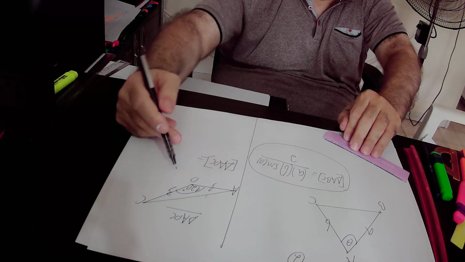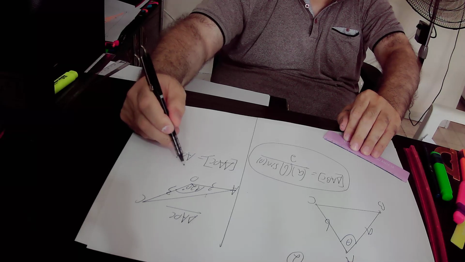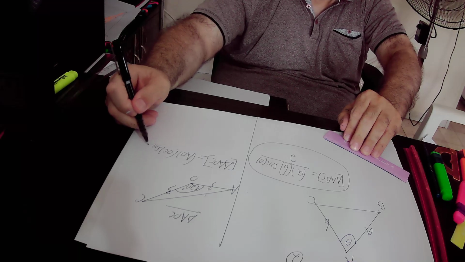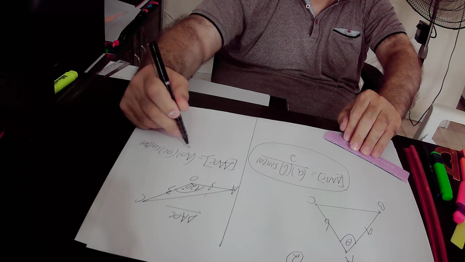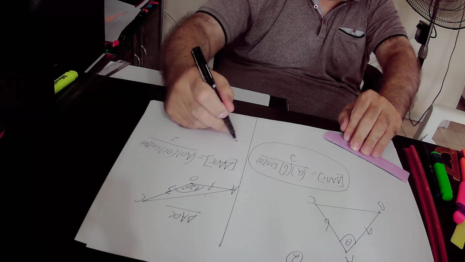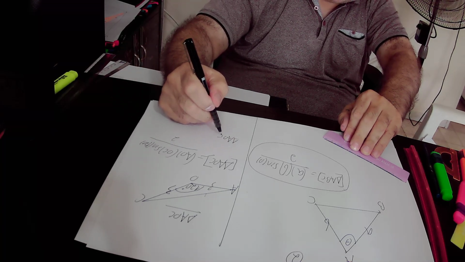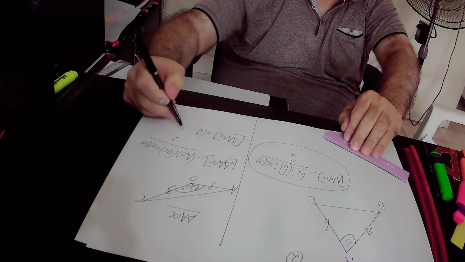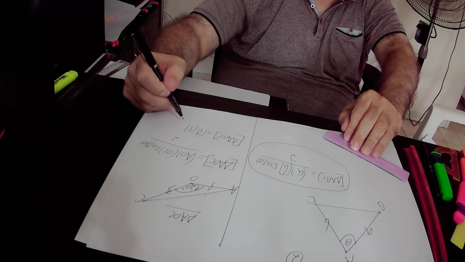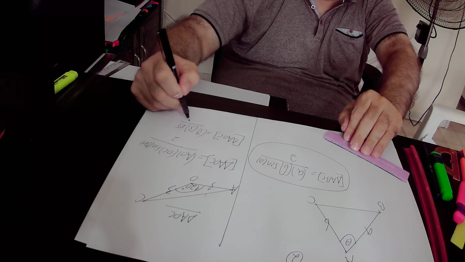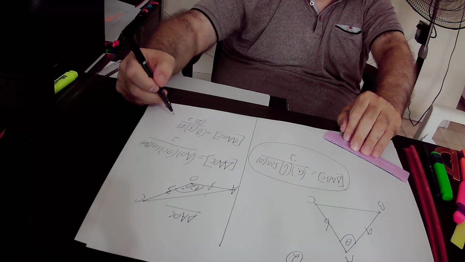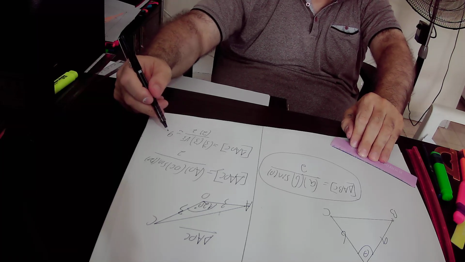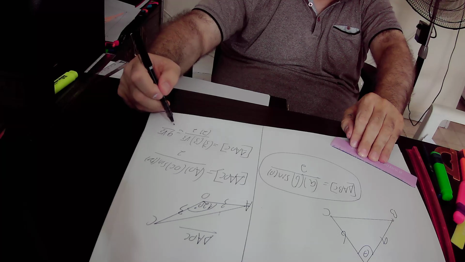Again, AO times OC times sine 120 degrees over 2. So the area of triangle AOC will be equal to AO is 3, OC is 3, sine 120 degrees is square root of 3 over 2, all divided by 2. Square root of 3 times 3 is 9, so in the numerator we have 9 times square root of 3 over 2 times 2 is 4.